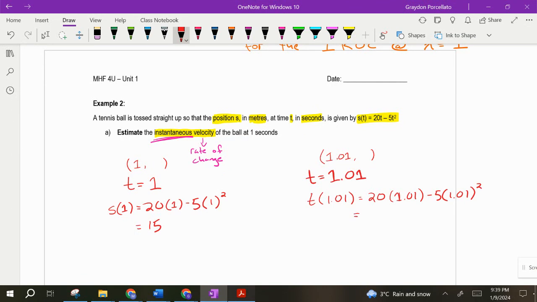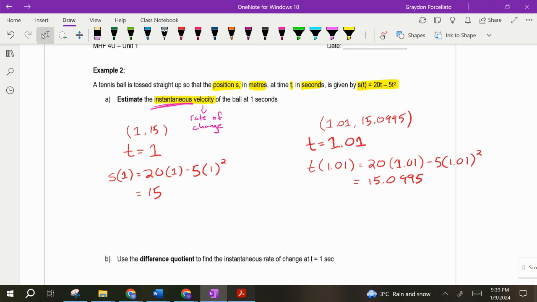That's equal to 15.0995. So I now know my y values.